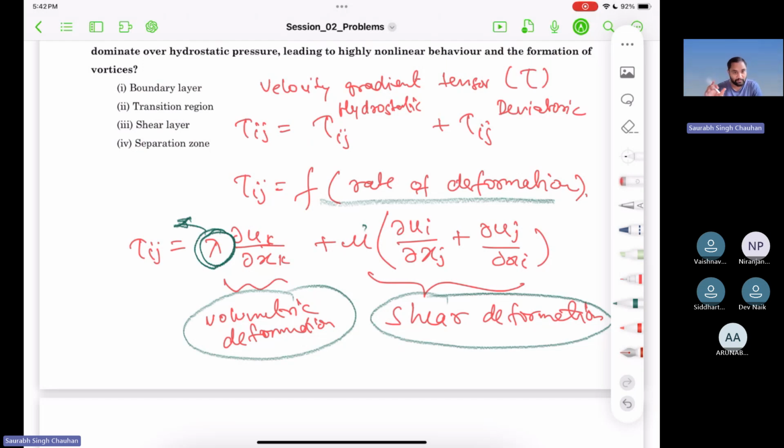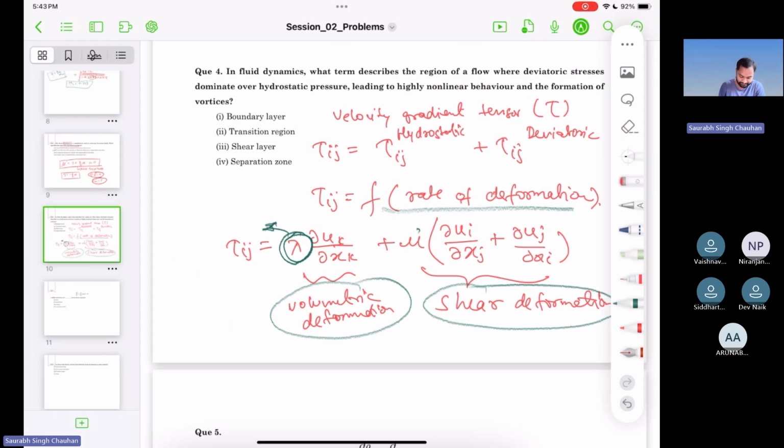The shape will not change, but the volume can change. It can contract or expand, but the shape will not change. And in the other one, the shape will change, the shear will come into the picture. That is shear deformation. So this is the deviatoric part.